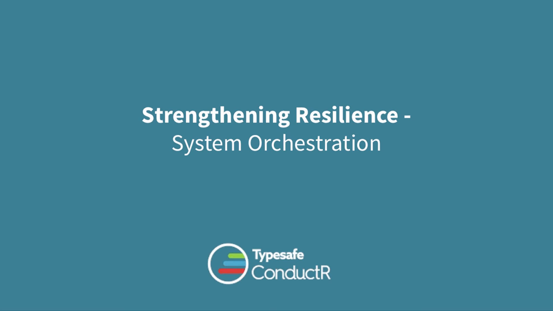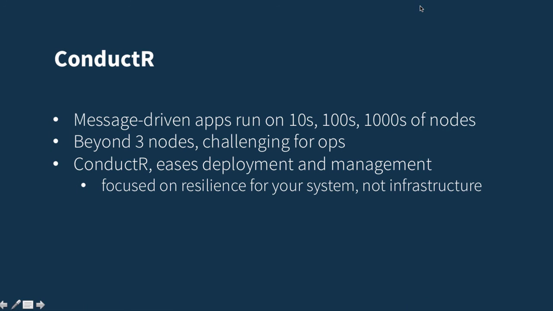So now let's talk about orchestration, and this is really about our technology we call conductor. And conductor is very much about how many instances of my application am I going to be running at any given point in time. Am I going to be running on tens, hundreds, or thousands of nodes? And this is where it gets interesting. Remember how I was saying that you should never be deploying on an even number of nodes?